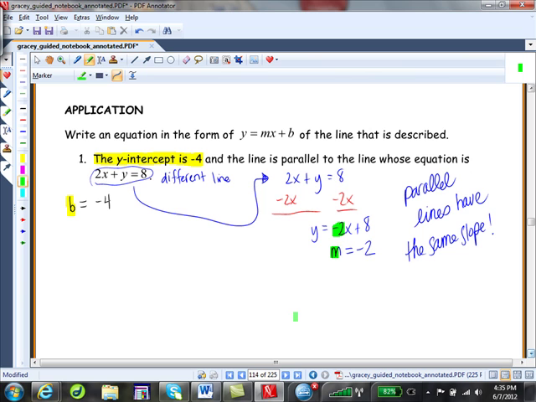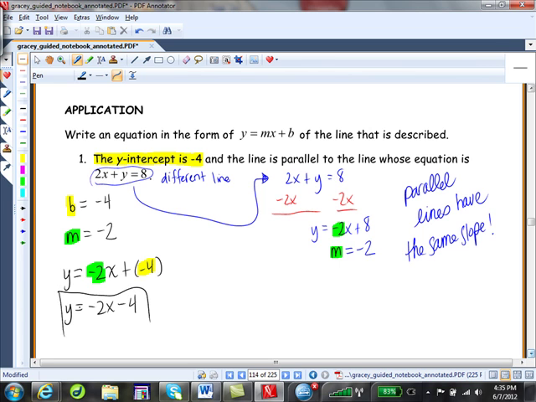Good. M is -2. Right? So b is -4, m is -2 from over there. So y equals -2 times x plus -4. So here's our m and here's our b. And then, of course, we can write this as -2x minus 4. That's our end result.